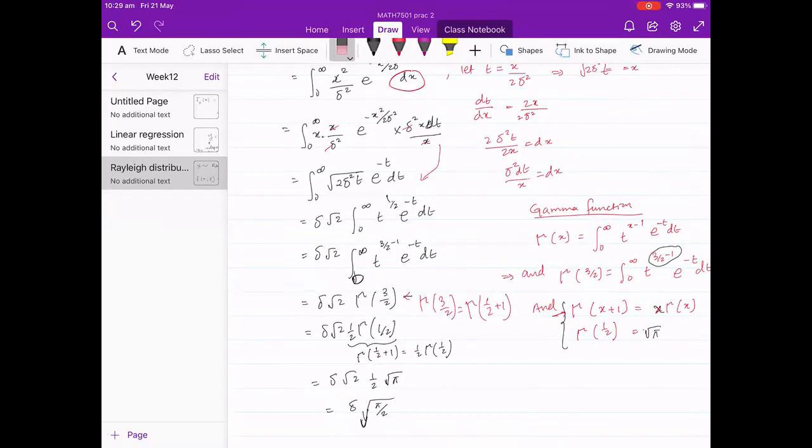Too easy? You could check your solution, whether this answer is correct, by using Mathematica as well. Show you.